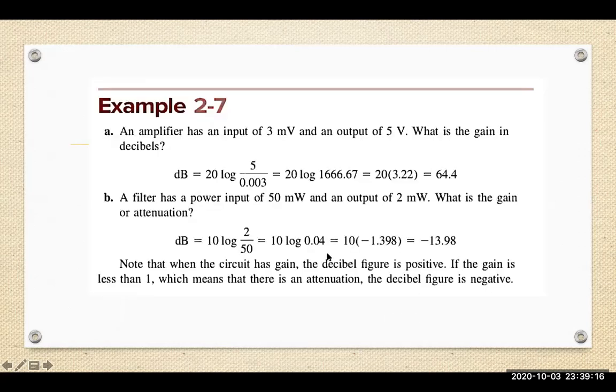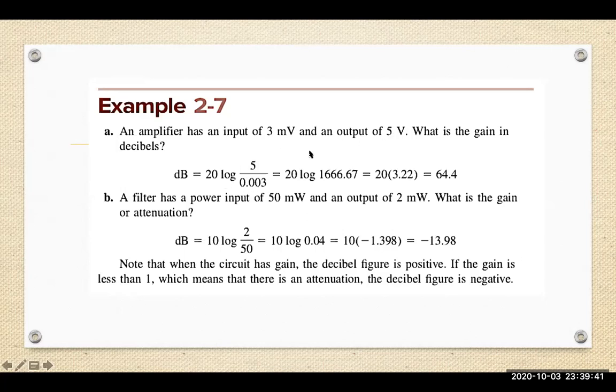Okay, for example, an amplifier has an input of 3 millivolts and an output of 5 volts. What is the gain in decibels? Again, we are asked to find the gain in decibels. Since we are given the input voltage and output voltage, the formula is 20 log of V out over V in.